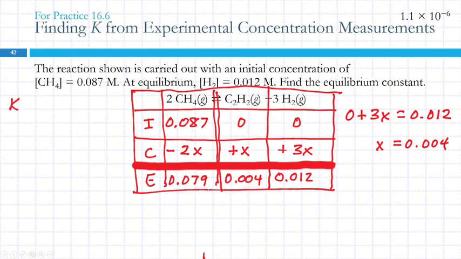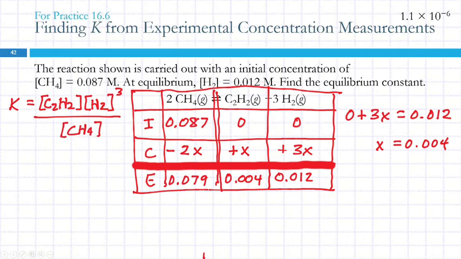Write the equilibrium expression. Products, C2H2, H2 to the third power, because it has a coefficient of 3, divided by CH4 to the second power.